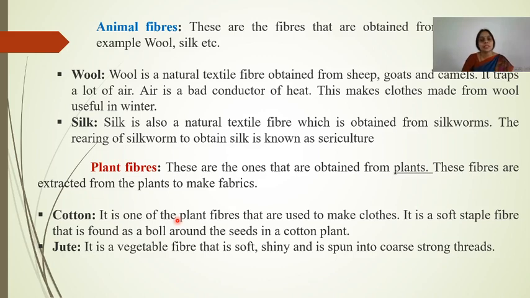It's basically a seed fiber, a soft, stable fiber found as a ball around the seeds of the cotton plant. Jute is a vegetable fiber, very soft and shiny, and it is spun into coarse, strong threads. Jute is obtained from the stem of the plant. It is also called a vegetable fiber, a golden fiber.